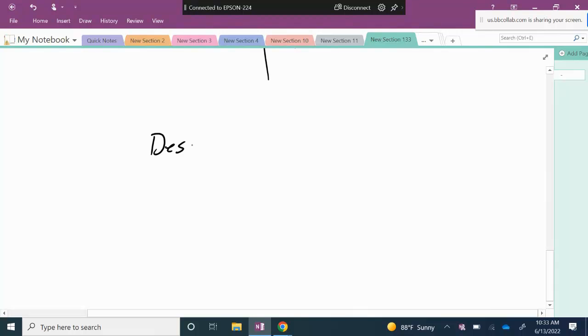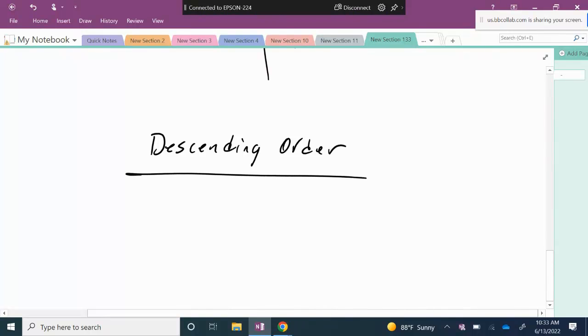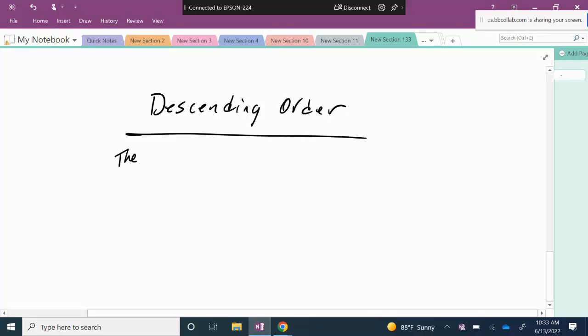For descending order, we have the terms of our polynomial in order from largest to smallest degree.